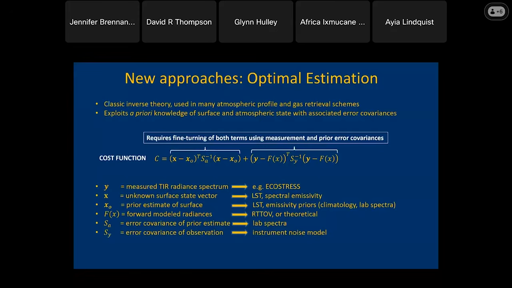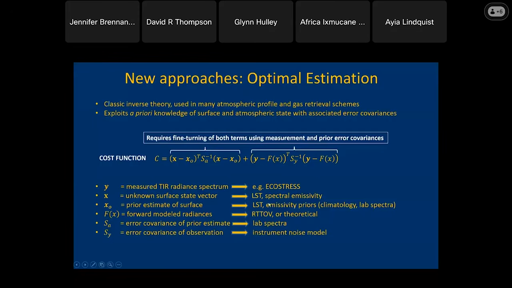Here are measurement covariances on the left, that's the S sub A quantity there, and our a priori error covariances on the right, this is the S sub Y quantity. And here I've outlined what each of these variables mean and currently what we use in terms of applying data to be able to solve this problem.